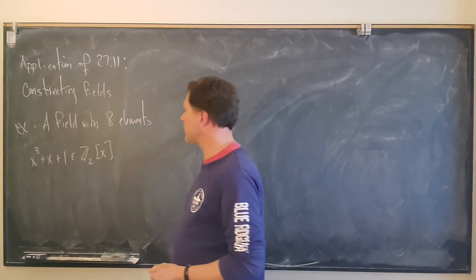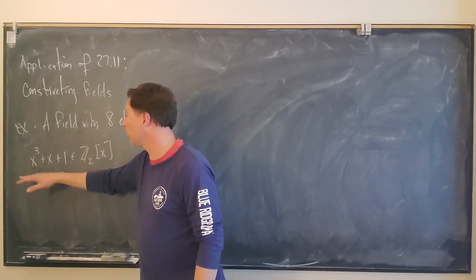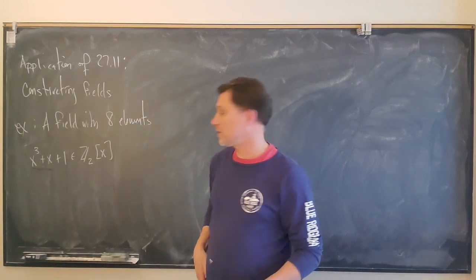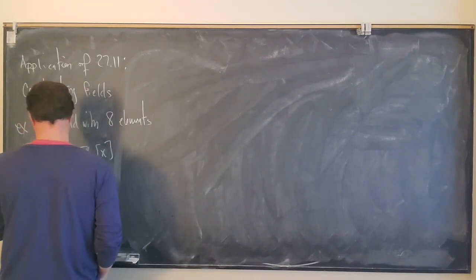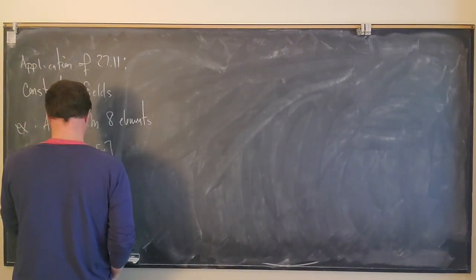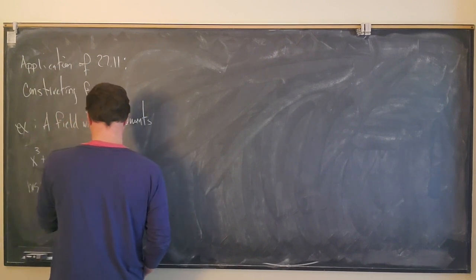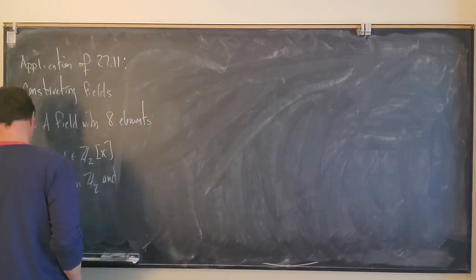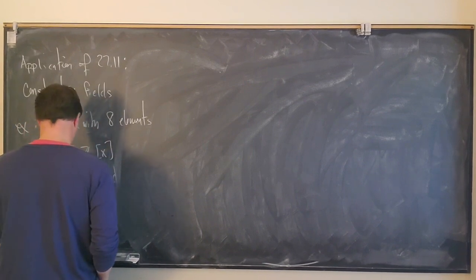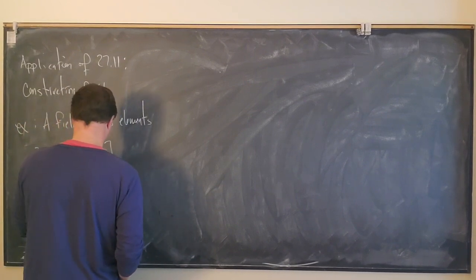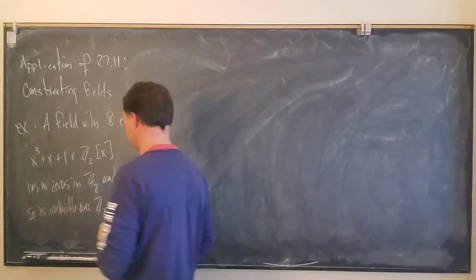And so what that tells us is, because this is a degree 3 polynomial, it is irreducible over Z_2, since it has no zeros in Z_2.